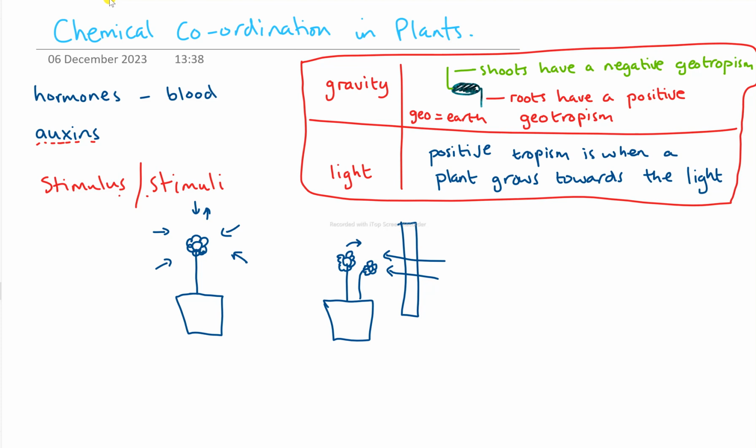There you go. So you can learn those two. Positive. So if it's gravity, it's called geotropism. If it's light, it's called, oh, let's write that word down. Right, we're going to replace this word here. Let me just rub that out and write the full word in. Phototropism.